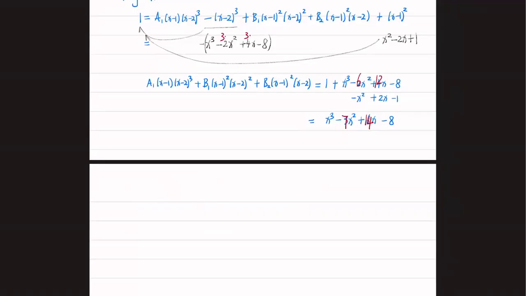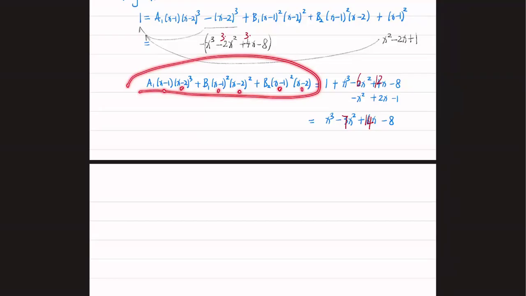Okay, so next, we wanted to simplify this equation. If we check, they have common factors. X minus 1, x minus 2, in every term. They all have x minus 1, x minus 2.